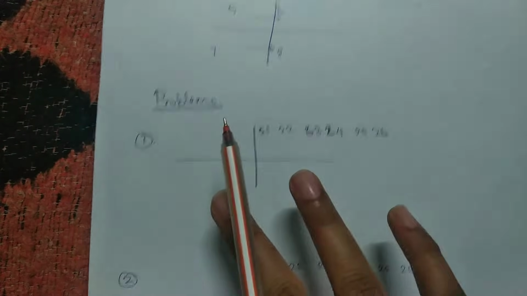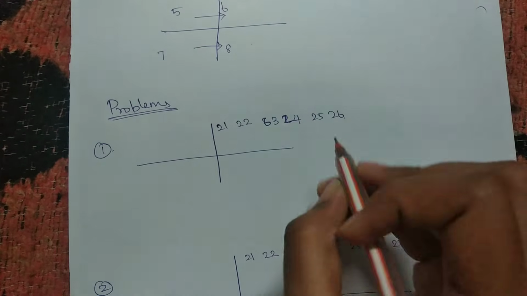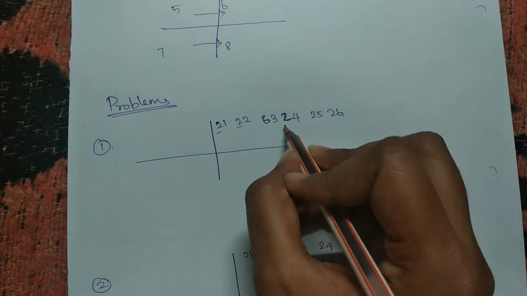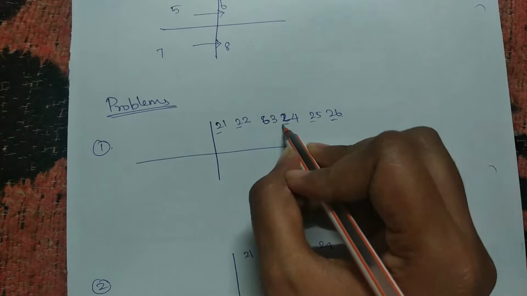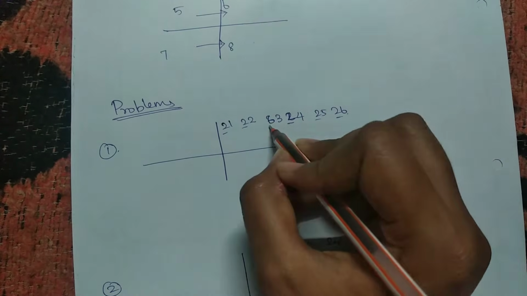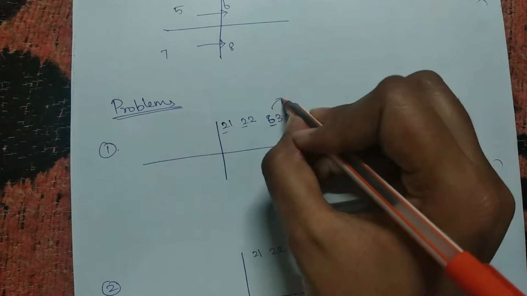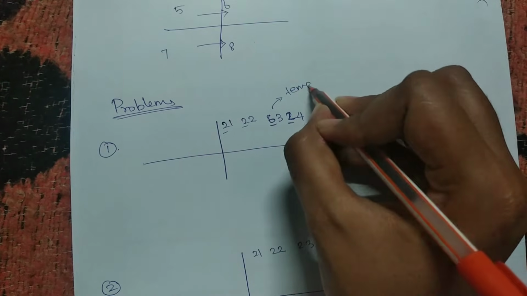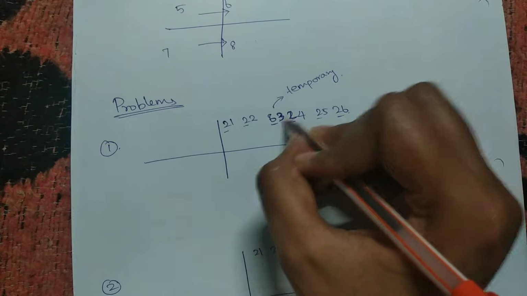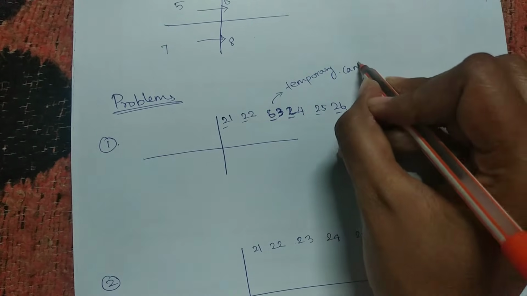So let us do some problems. Here 2 is used only when the teeth are permanent. But here 6 is there, so this tooth is temporary. It is the third tooth, that will be the temporary canine.